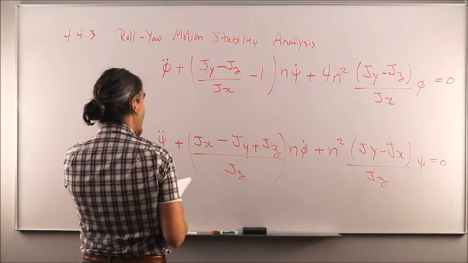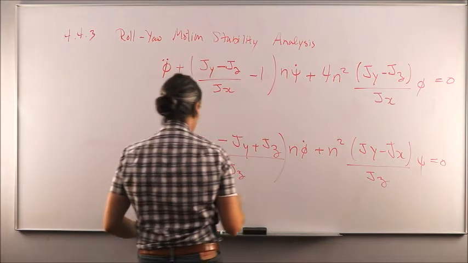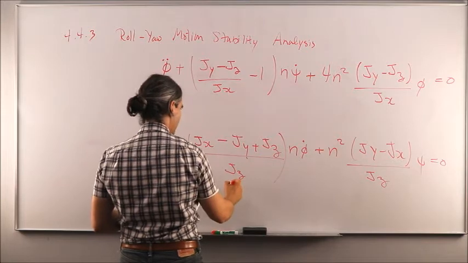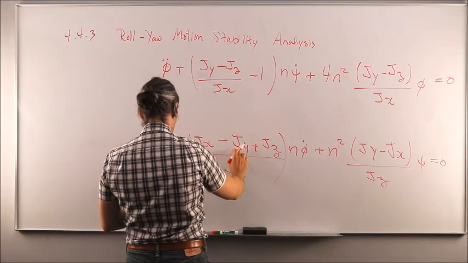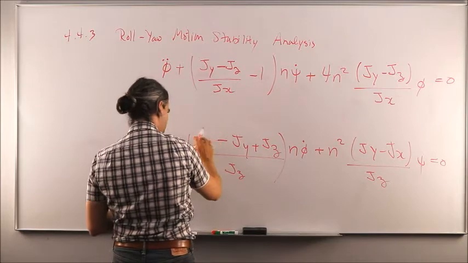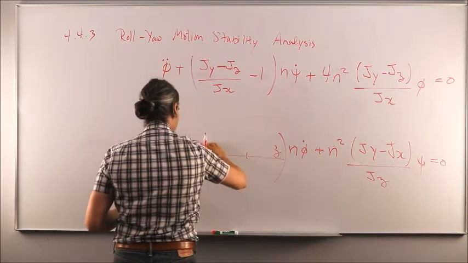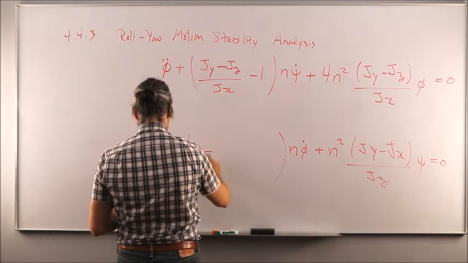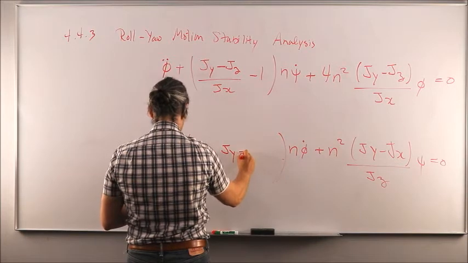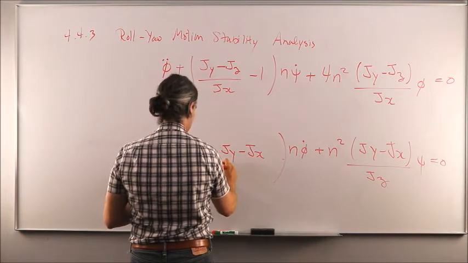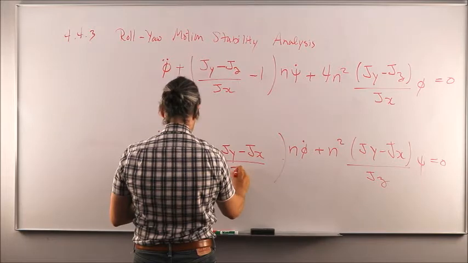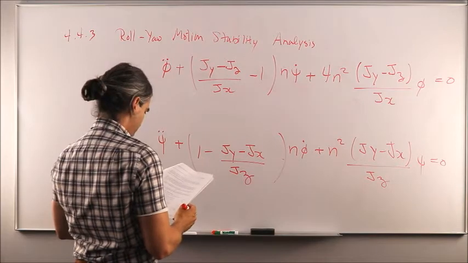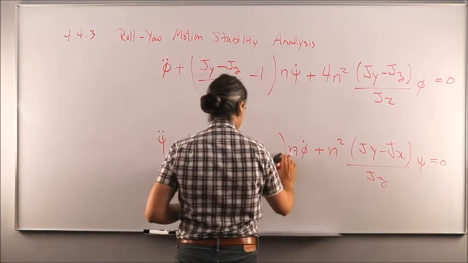Okay, this is equivalent to before. And here I'm going to do a similar thing. So I'm going to say Jz over Jz is 1, and minus Jy minus Jx over Jz, such that this is 1 minus Jy minus Jx over Jz. Okay, just like that.